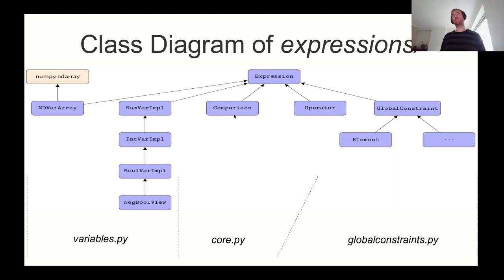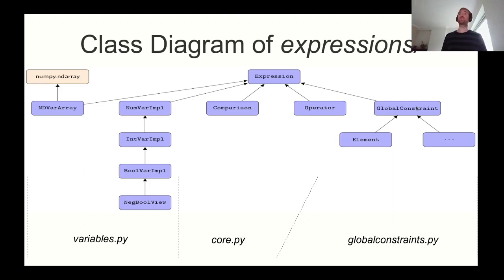Then we have two core expressions, namely a comparison expression, like equals, larger than, not equals, and these kinds of comparisons. And we have operators like plus, and, or, minus, absolute value, and so forth. All right, and these are implemented in core.py.